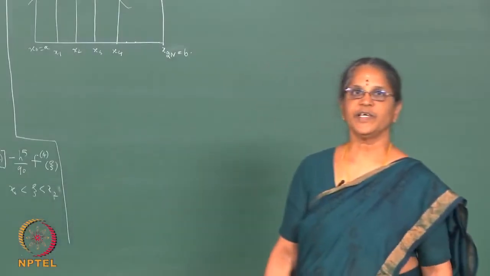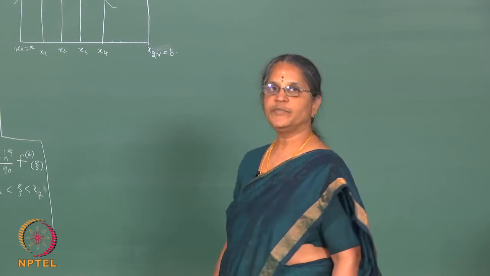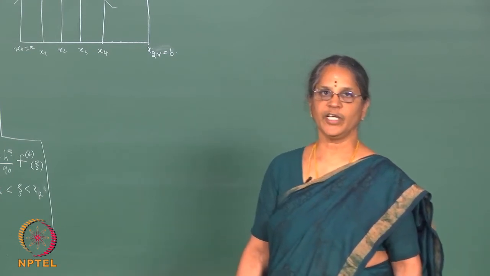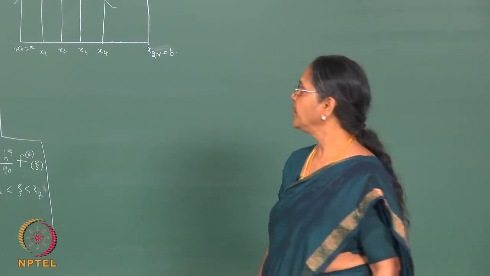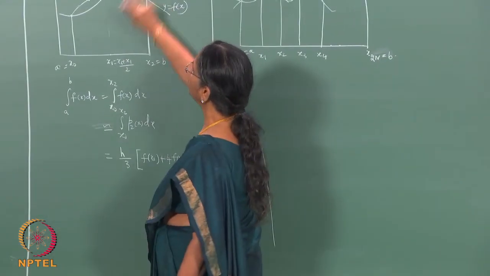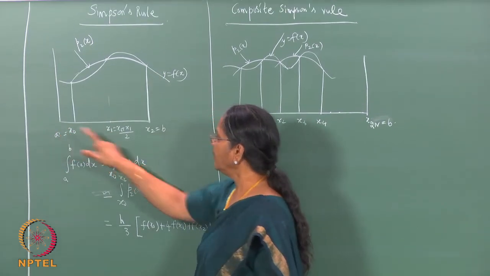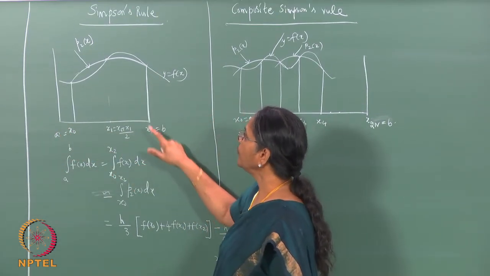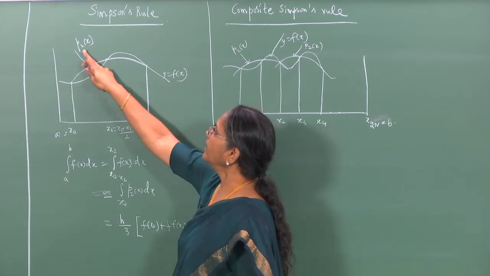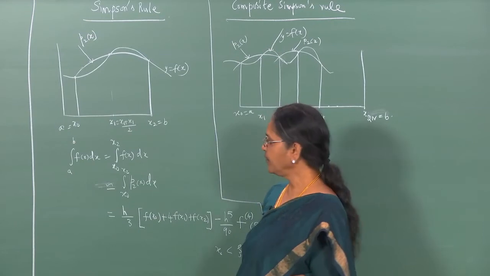So, in the last class we obtained an integration method which is a Newton-Cotes method for equally spaced points, namely Simpson's rule, in which the curve y equals f of x in an interval x0 to x2 is approximated by a quadratic interpolating polynomial p2 of x.